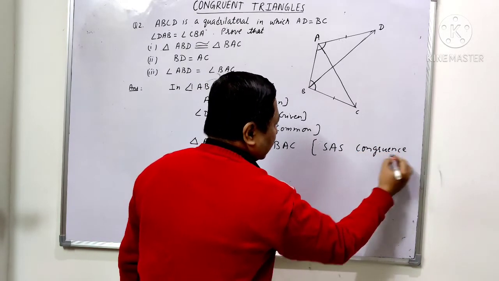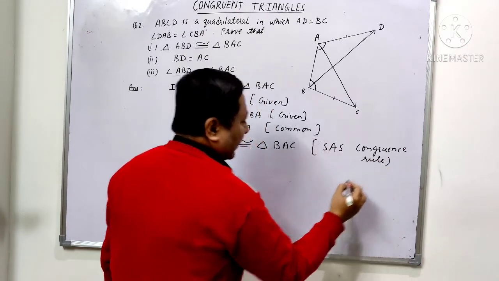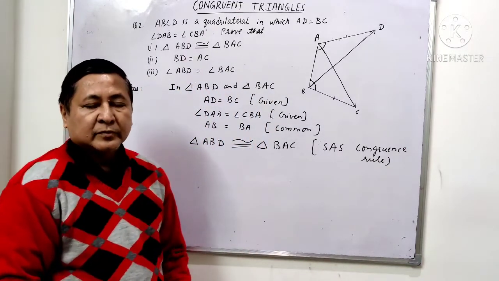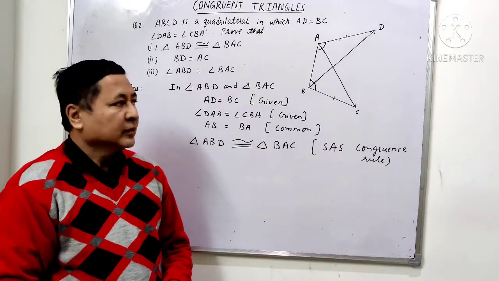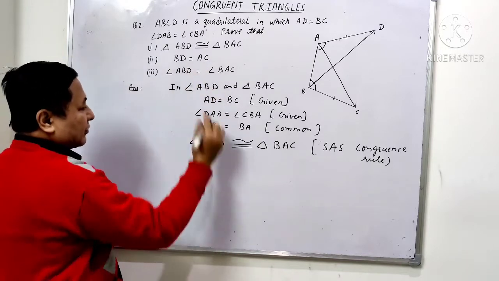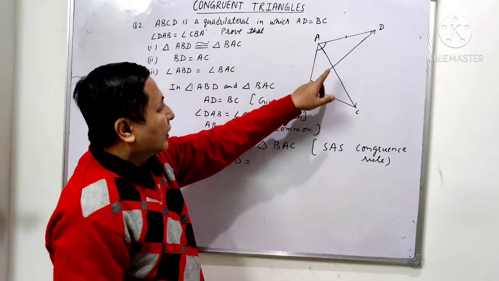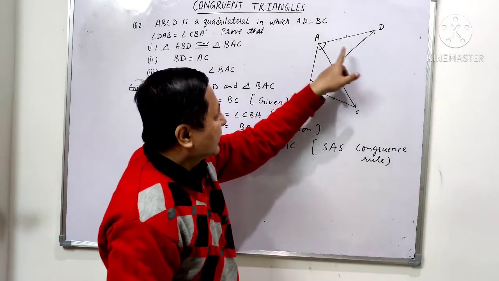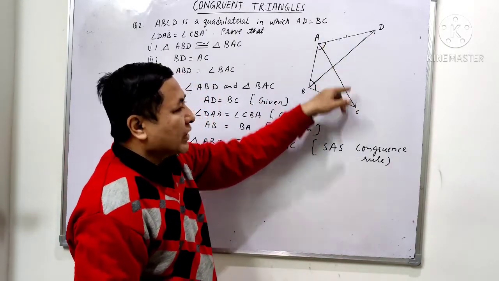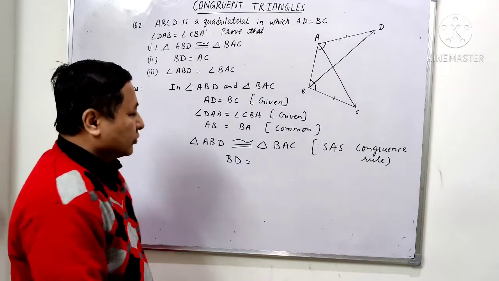And we know that when we have proved two triangles congruent, their corresponding parts are equal. Now let us see what is the corresponding part of BD. This line is BD here, and this is AC. These two are corresponding parts, so they will be equal.